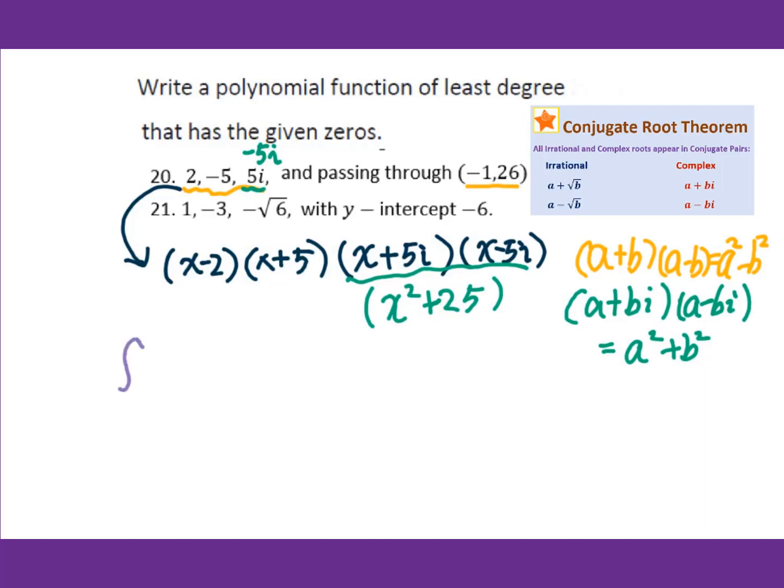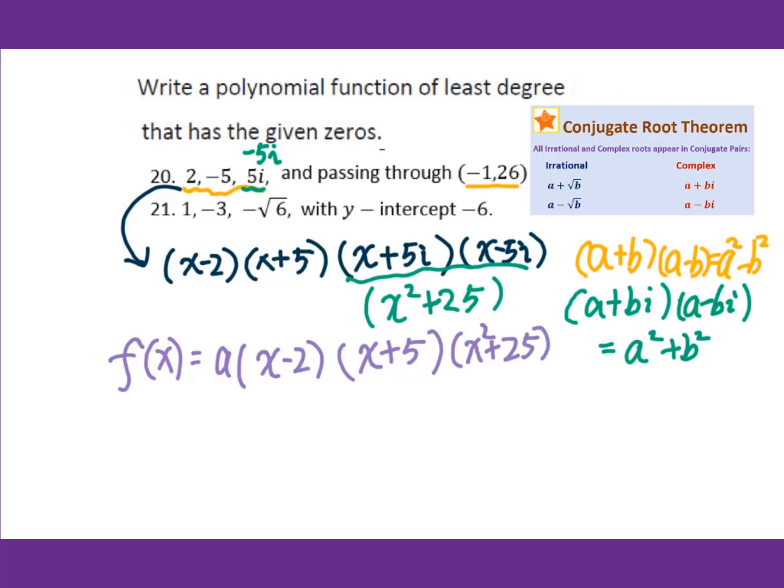We can write down the polynomial in factor form, that is a times x minus 2, x plus 5, then x squared plus 25. According to this information, f of negative 1 equals 26.